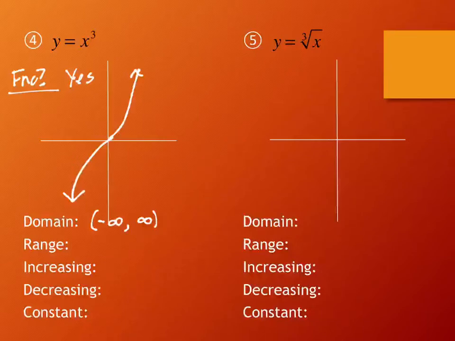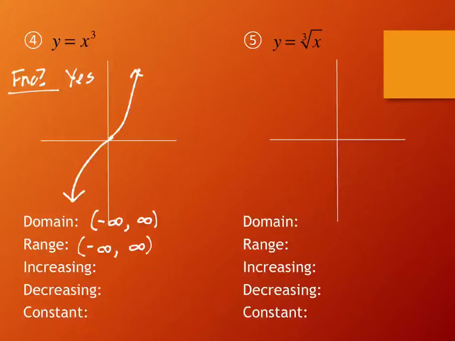How about my range? Moving from the bottom up, climbing along the y-axis. Same thing. Okay, moving from left to right, increasing, decreasing, constant. What's happening? It's increasing the whole time, right?